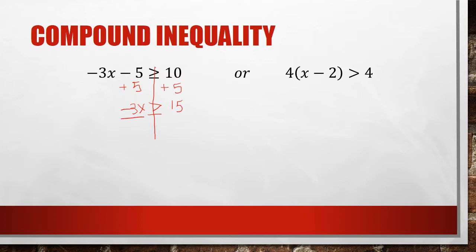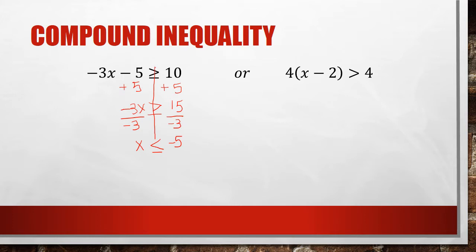Now I'm dividing by negative 3 to get rid of negative 3 and isolate the x. That means I'm dividing by negative 3 on both sides. I'm going to end up with x. Now, since I am dividing by a negative number, the inequality sign needs to flip. So I'm going to have less than or equal to 15 divided by negative 3, which is negative 5.